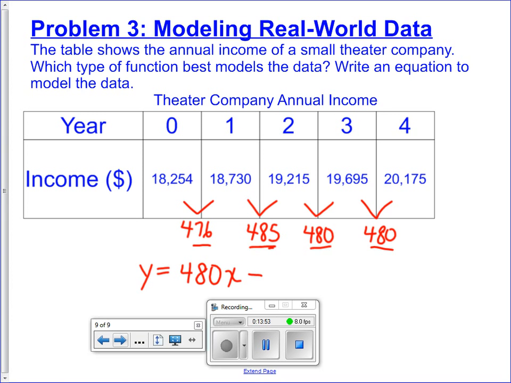We'll use the starting amount in year 0, which would be 18,254. Again, this is an example where the real-world data doesn't fit this formula exactly, but it would be a good equation to use to predict what's going to happen to their income.